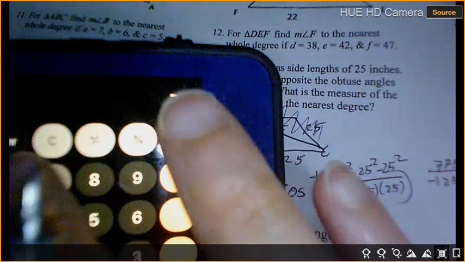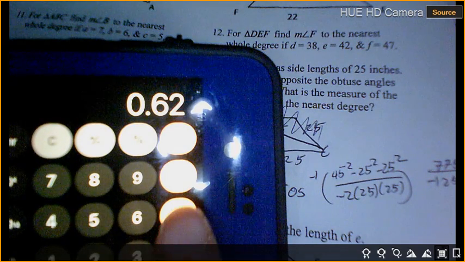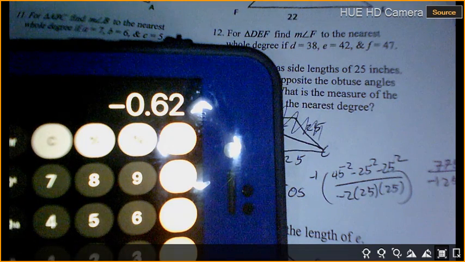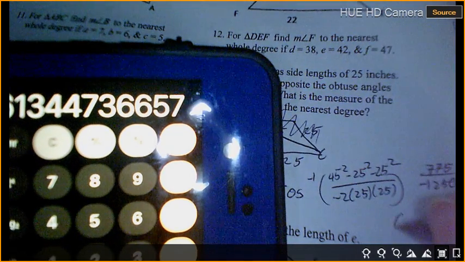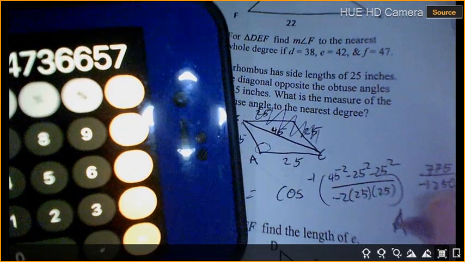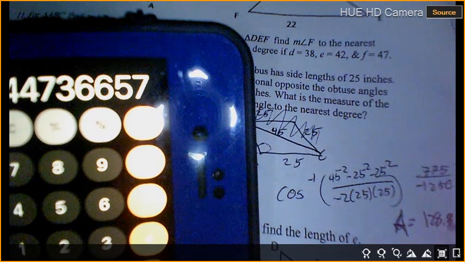And then you go 775 divided by negative 1250, and then you just hit the inverse cosine button, so you hit second cosine, and you get A equals 128.31, or just 128 degrees.